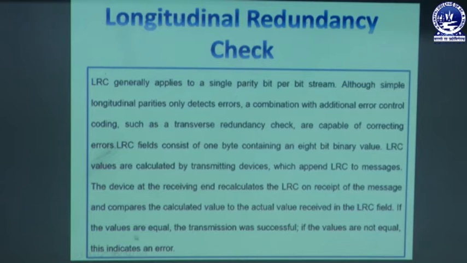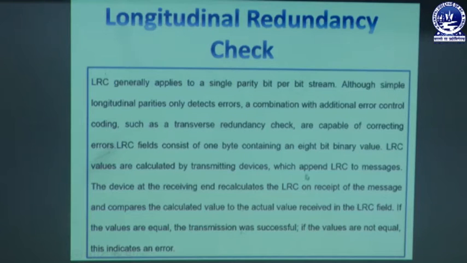If the values are equal, the transmission was successful. That means at the receiving end, when the original message is derived from the LRC value plus message, if the values are equal, then it is considered a successful transmission, and if the values are not equal, this indicates an error.